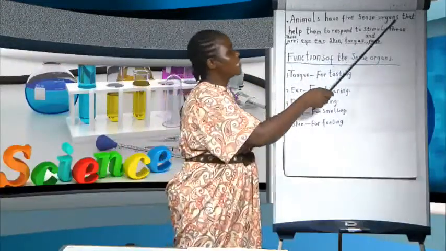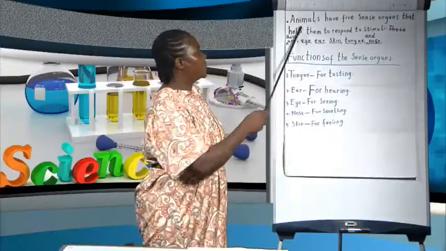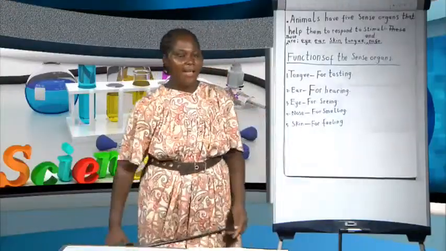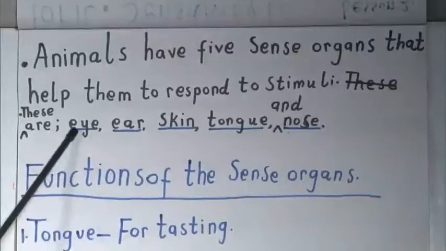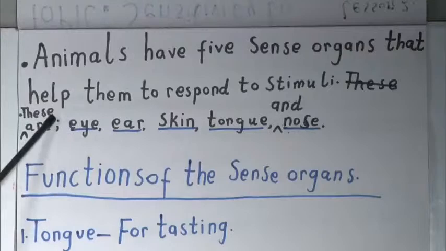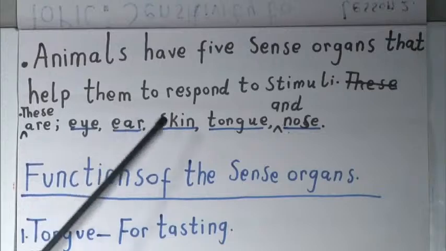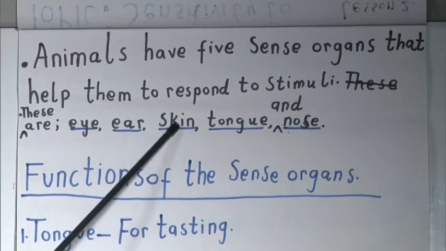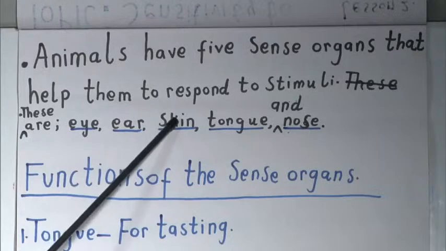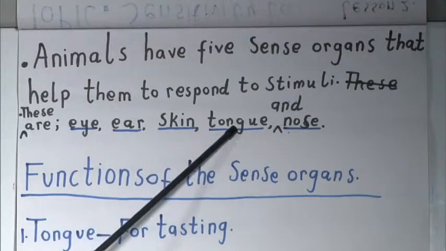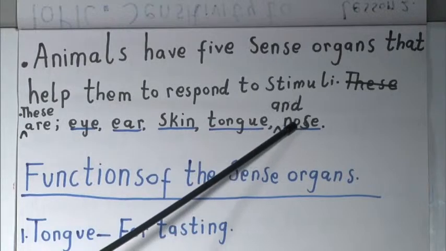Animals have 5 sense organs that help them to respond to stimuli. And these sense organs are eye, ear, skin, tongue, and nose.